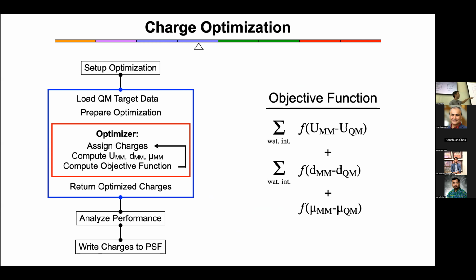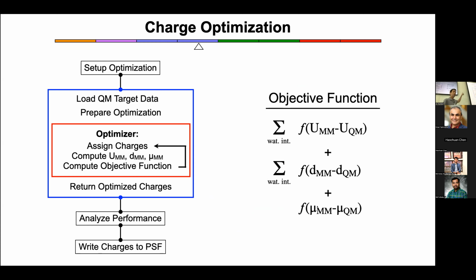It's also trying to match the distance between the water molecule and your molecule. And this one looks a little stranger: this is actually the dipole moment. You want to try to get that right, because it may be more important for long range interactions of your molecule with other ones.